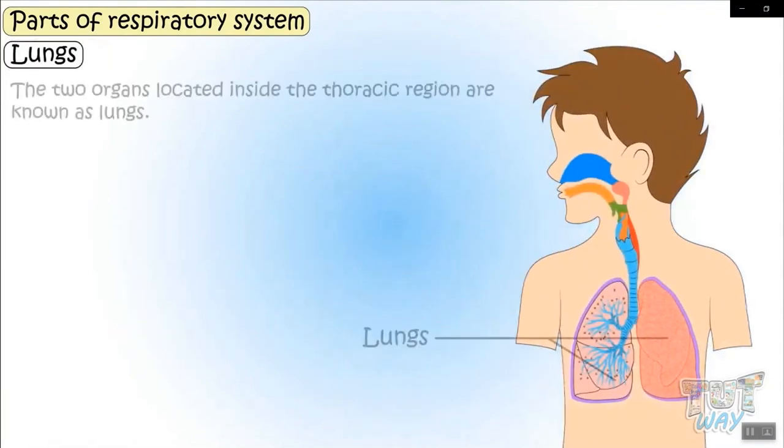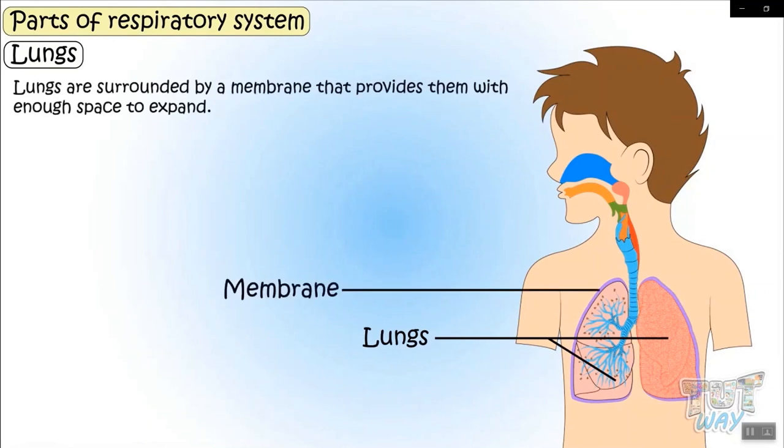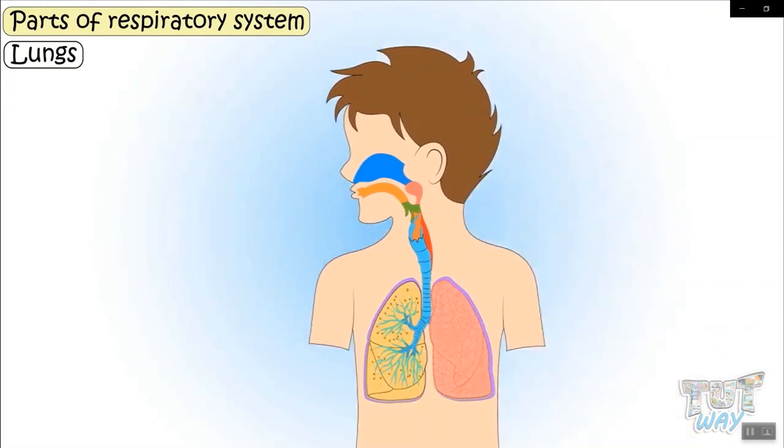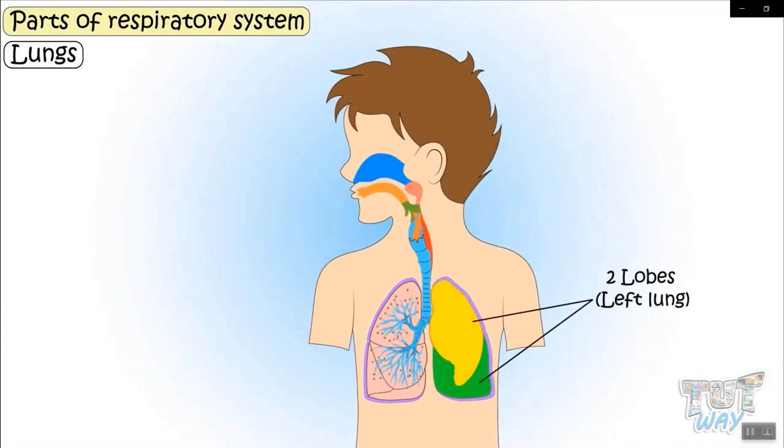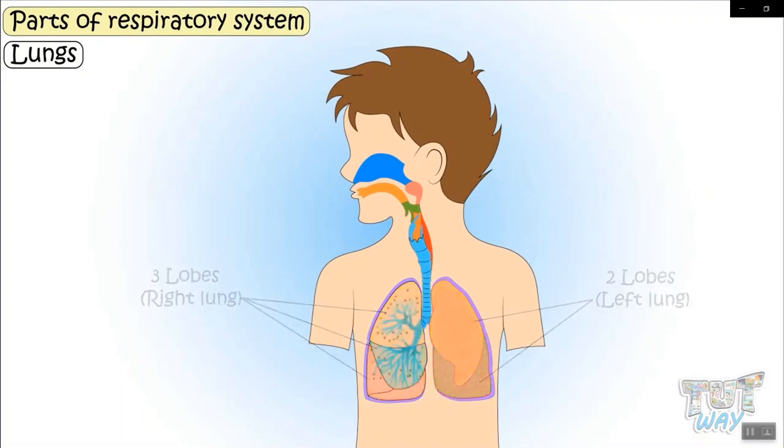Lungs. These two organs located inside the thoracic region are known as lungs. They are surrounded by a membrane that provides them with enough space to expand. The two lungs are not identical. The left lung is smaller and has 2 lobes, while the right one has 3 lobes.